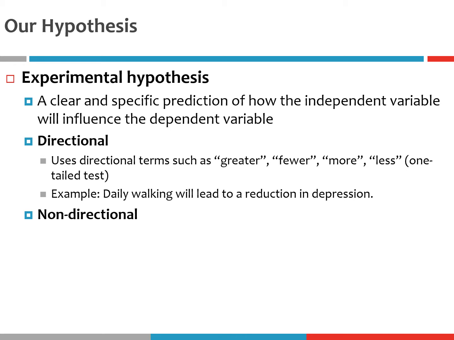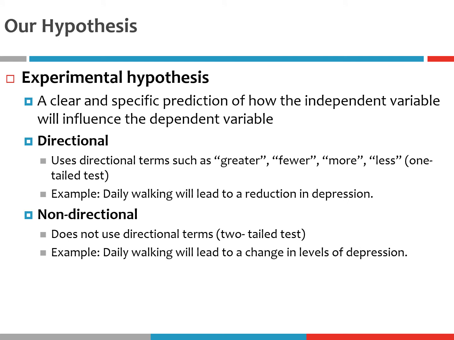Non-directional means that you're not specifying a direction of the effect. Instead of saying increase or decrease, you're saying a change is going to happen. So in this example, daily walking will lead to a change in levels of depression. That is a non-directional hypothesis because you don't know if it's going to increase depression or decrease depression.